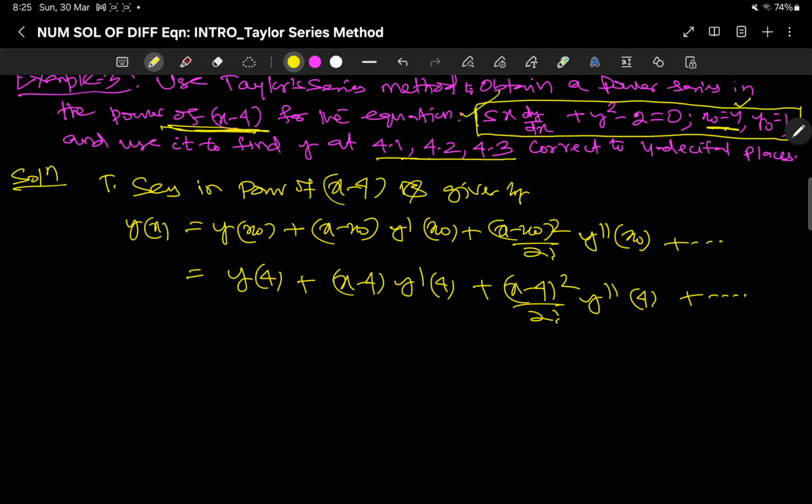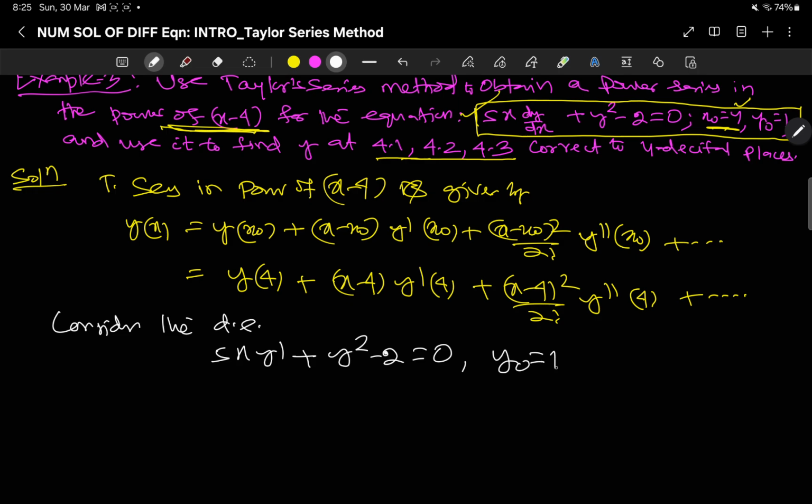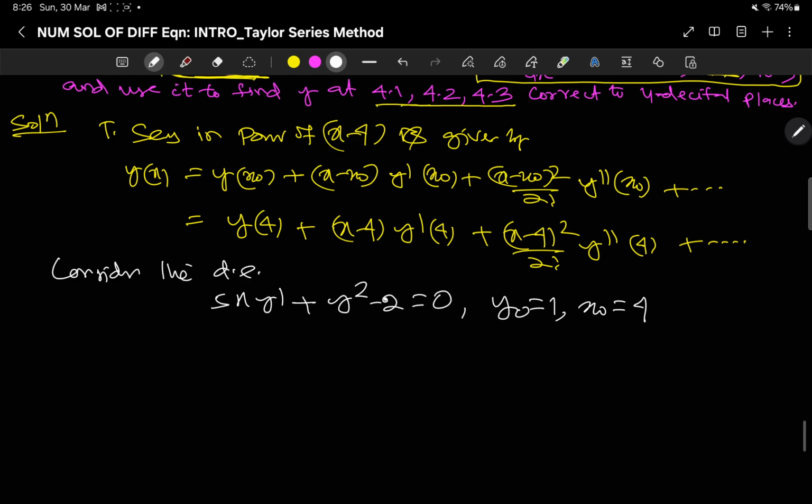Now y0 is given here. Now we consider the differential equation 5xy' plus y square minus 2 is equal to 0 with y0 equal to 1, x0 equal to 4. We find y'(4). So that means 5x0 y'(0) plus y0 square minus 2 is equal to 0.